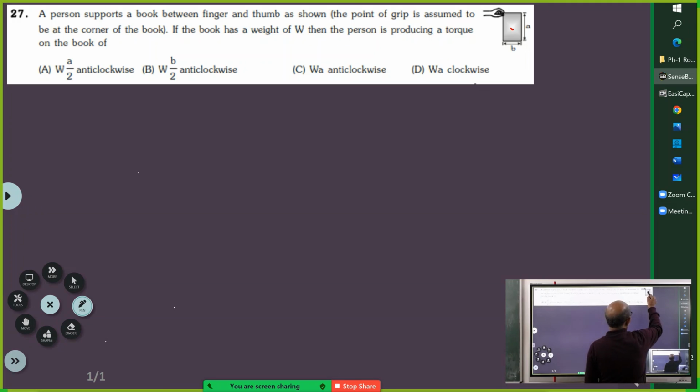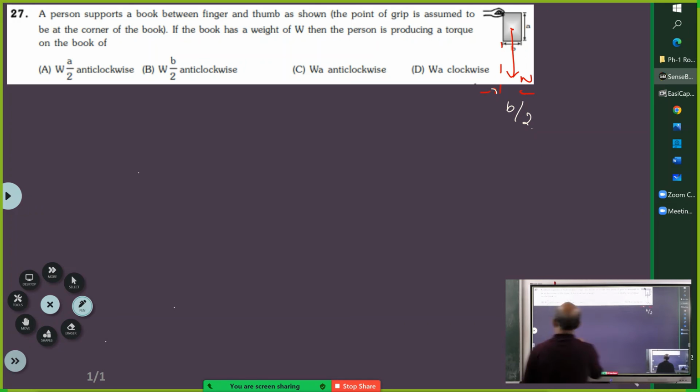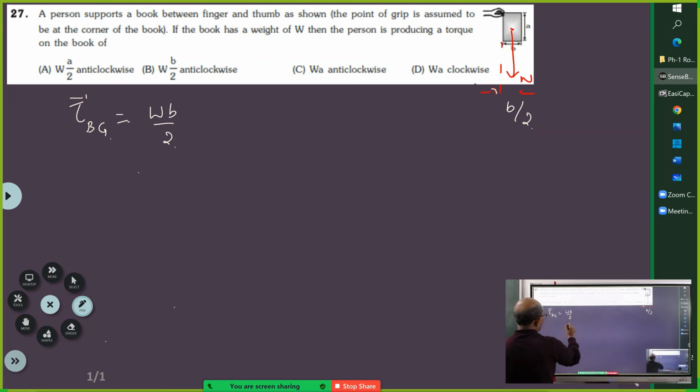So the center of mass is here. This is the weight vector W which will be acting down. And this distance will be what? B by 2. And the finger also supports this book. So the torque on the book due to the gravitational force will be W B by 2, and it is going to be clockwise.